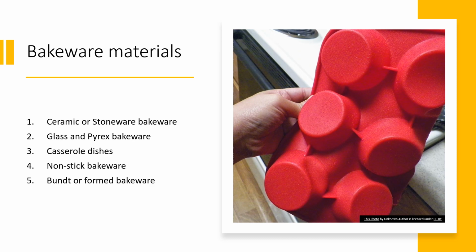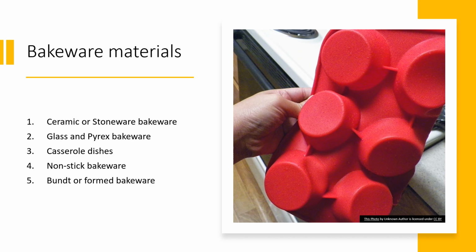Yung pwede siya sa microwave, pwede sa oven, at pwede sa freezer. Another, the bakeware material can take temperature fluctuations. Halimbawa, mula sa freezer, dadalin mo siya sa oven. Mula naman sa oven, dadalin mo siya sa tabletop. Another, non-stick finish and versatile sizing and shape. And of course, easy to clean.